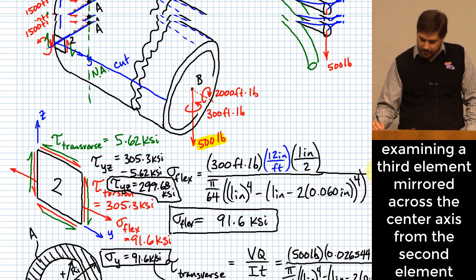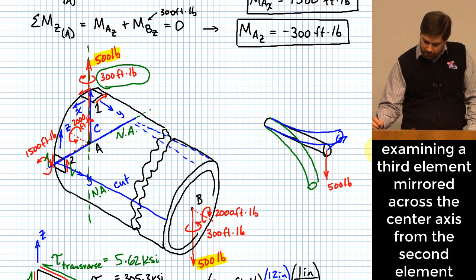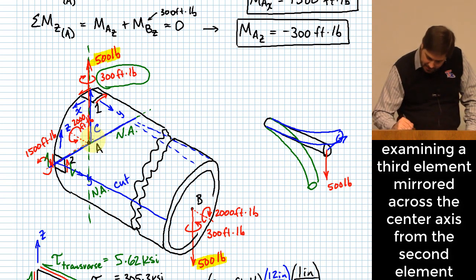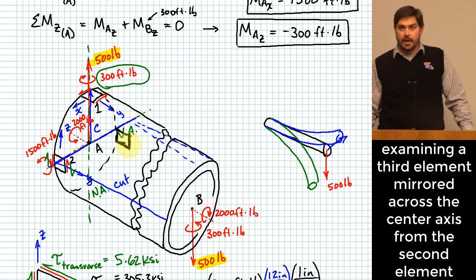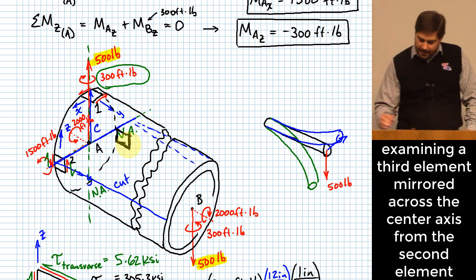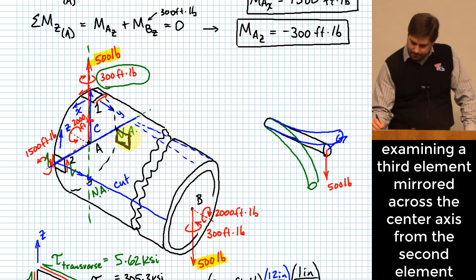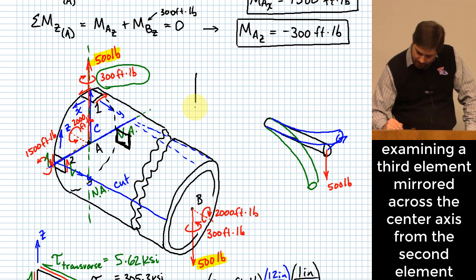So let's do a little mental experiment and see what we come up with. Let's say we're looking at the patch that's over where this comes around. There's another patch that mirrors patch 2, kind of back there. What would the stresses look like on that patch? Okay, maybe I'll draw that patch right here.